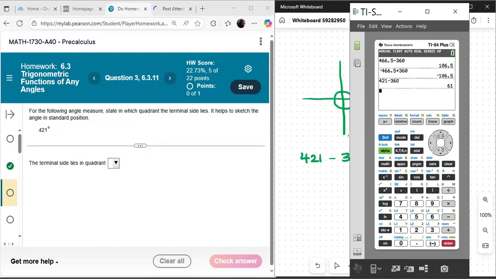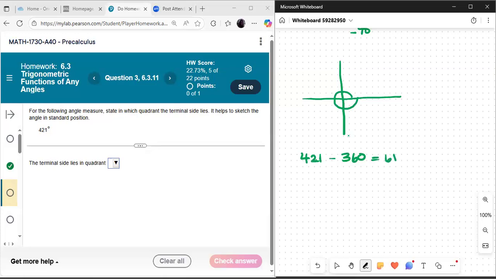And that's 61 degrees. And there's our reference triangle. So the terminal side lies in quadrant 1.